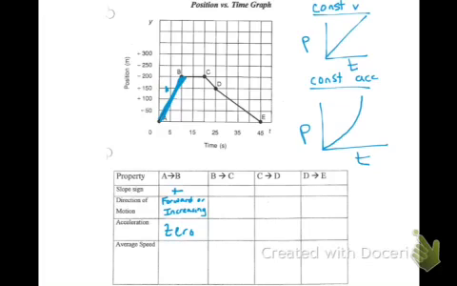Average speed. Now I know we haven't really talked about how to analyze this, how to get from one graph to another, like what type of calculations you're going to have to do. But what I want you to do is really take a look at our units here. We've got meters and we've got seconds for our position versus time graph. How are you going to get the units that you will need for average speed, which is meters per second?